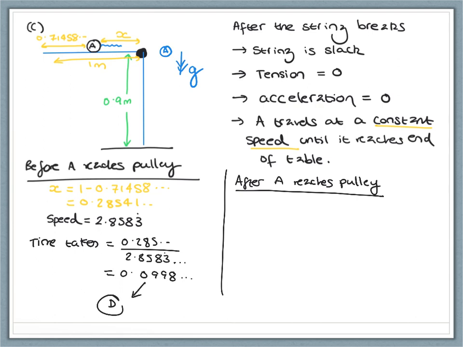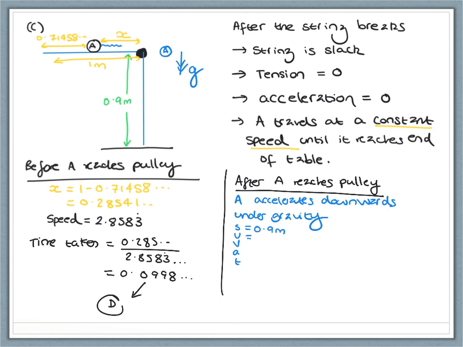So we can say A accelerates downwards under gravity. Now, this is a constant force, which means the acceleration is constant. We have vertical motion under gravity. We can use our equations of constant acceleration, our SUVAT equations. Now, the distance travelled is the height of the table, so 0.9 metres.